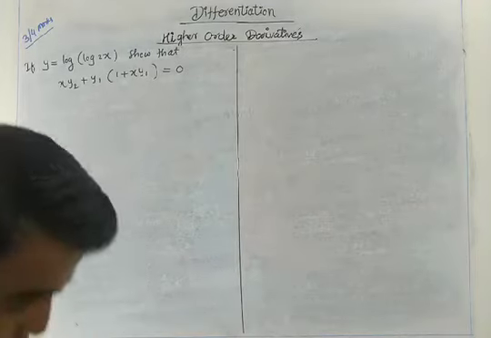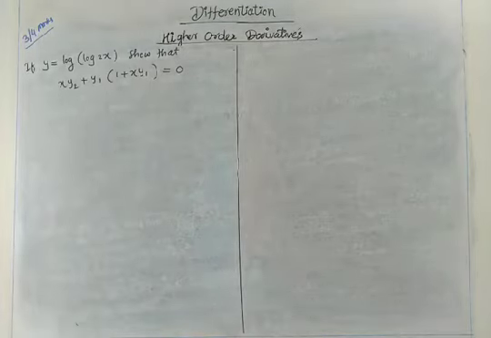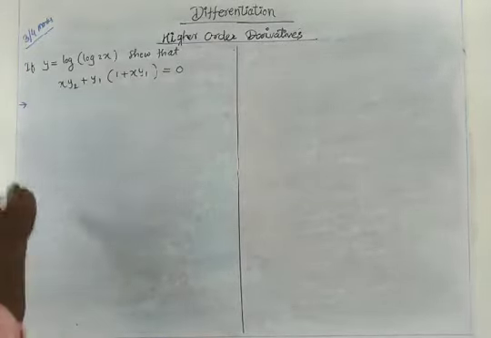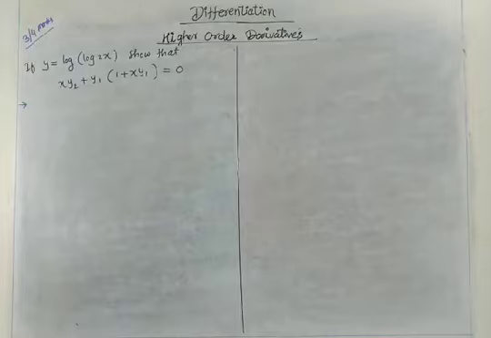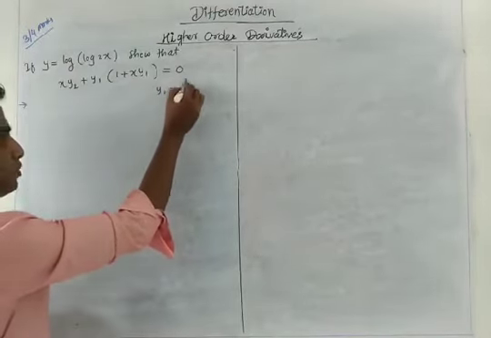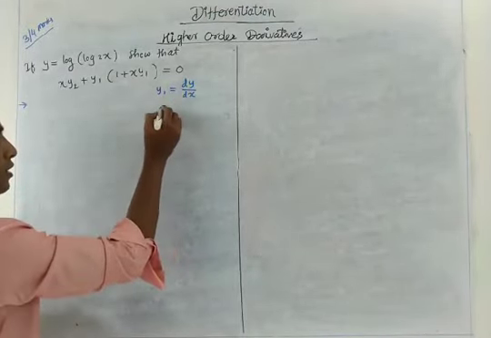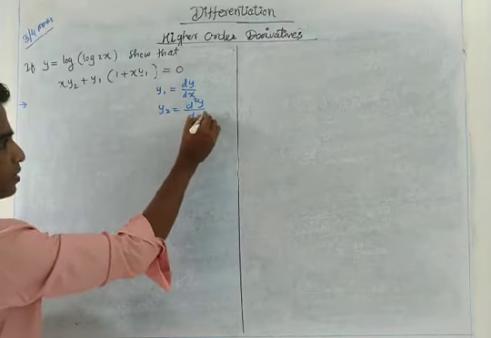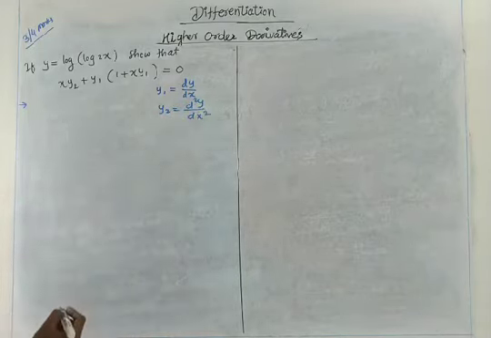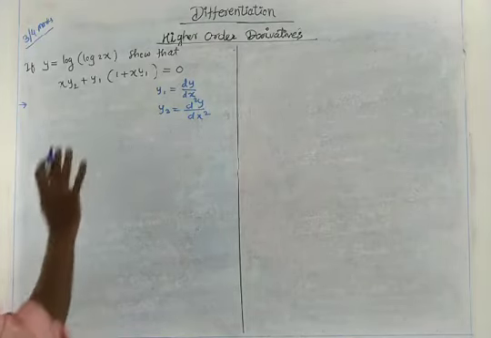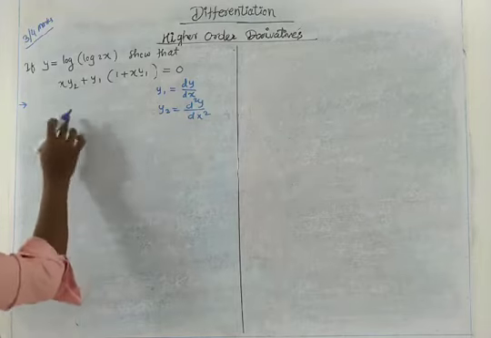Now the question in your mind will be, what are y1 and y2? y1 and y2 are derivatives of y: y1 is the first-order derivative, equal to dy/dx, and y2 is the second-order derivative, equal to d²y/dx². Okay, so that is the only difference in the question. The rest of the part is already done. The same questions will be given in the exam.